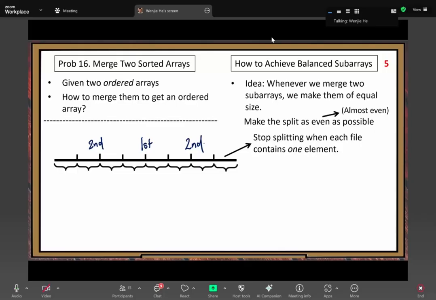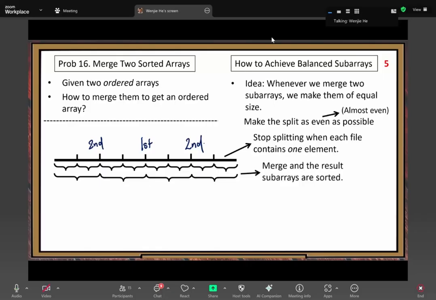After that, you have a sequence of small subarrays. Then you do the merge. Every time you merge two adjacent subarrays. Then next round, always two adjacent subarrays, and then another round.